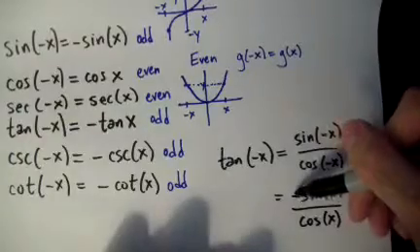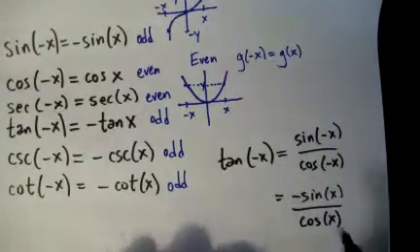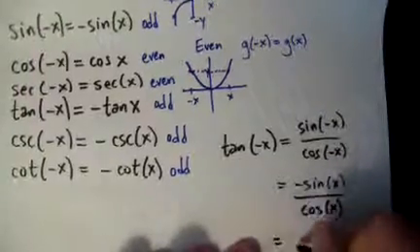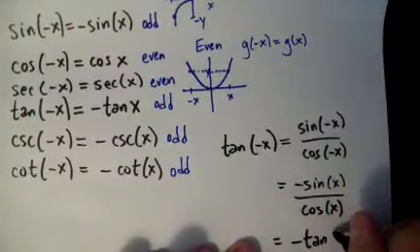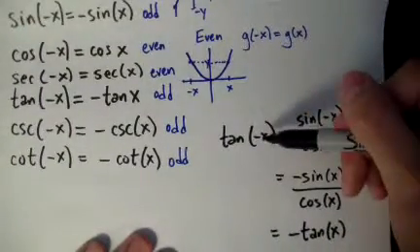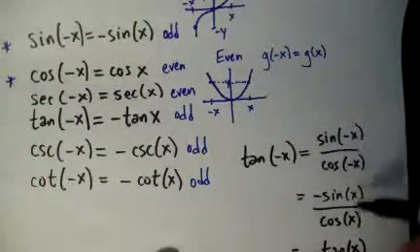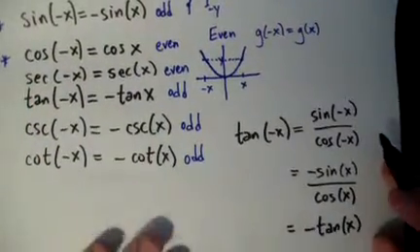And now if you cover up that minus sign, what we have here is tangent of x, and so this is just minus tangent of x. So if you ever forgot that tangent of x was odd, as long as you can remember that sine is odd and cosine is even, you'd be able to rederive it.